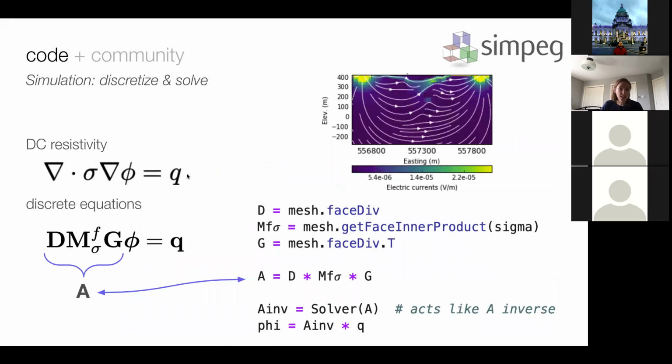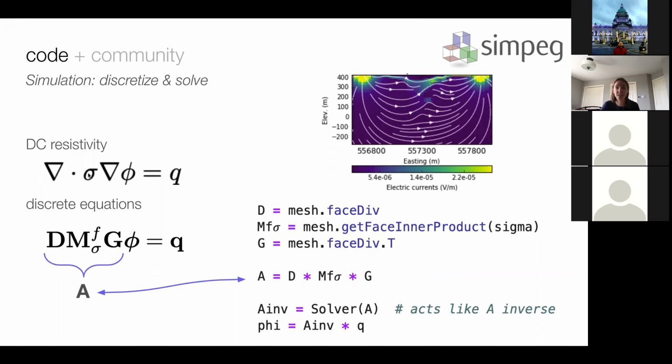Once we've defined a mesh, we're going to discretize the equations. In this case, we're going to use matrix representations of all of these operators. We use what's called a finite volume approach. There are some great resources that I'd be happy to point folks to if you're interested in getting more of those details. But basically we're just going to represent this as a matrix equation. We've got the potential, which is what we're going to solve for. Q is the source term.